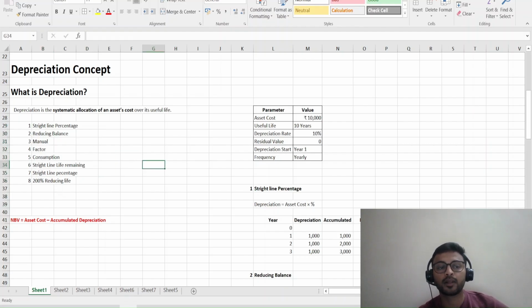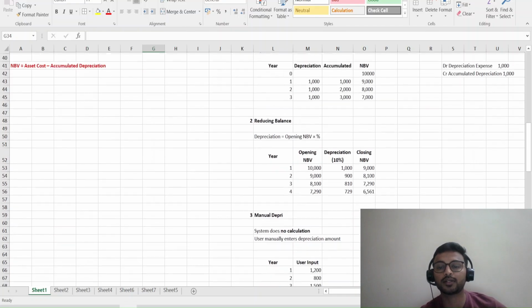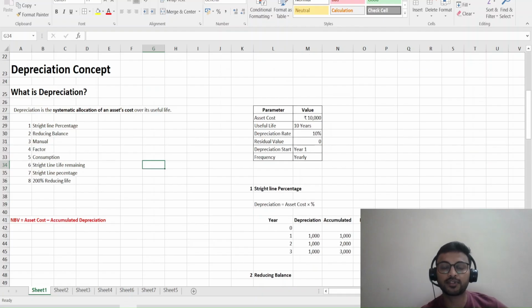I have covered all 8 types, and I just want to go through the concept of how all 8 types work, and which type of depreciation will be helpful in your configuration. That is why the first lecture is very basic, to understand only the concepts.